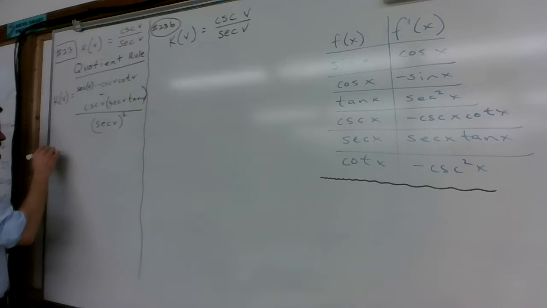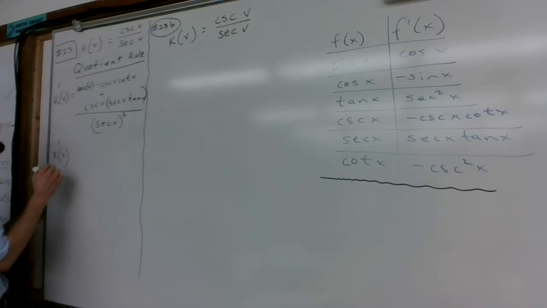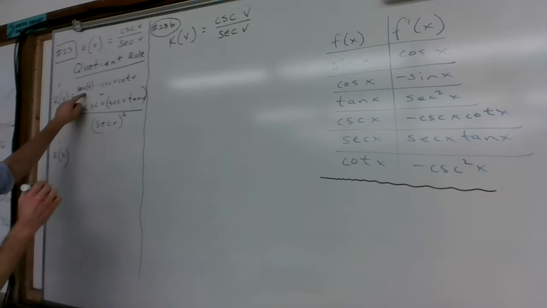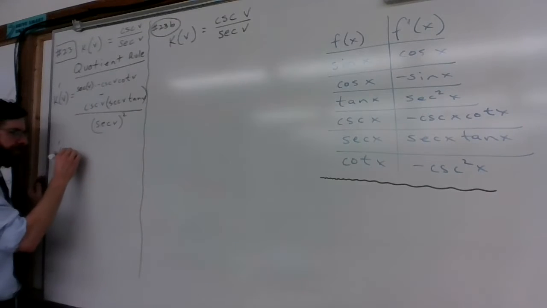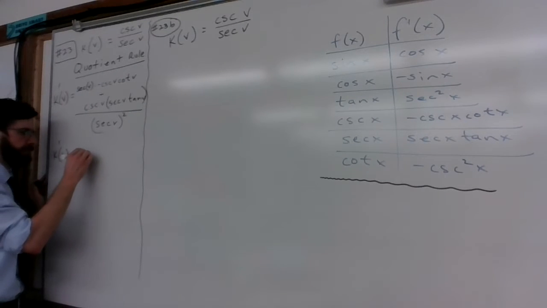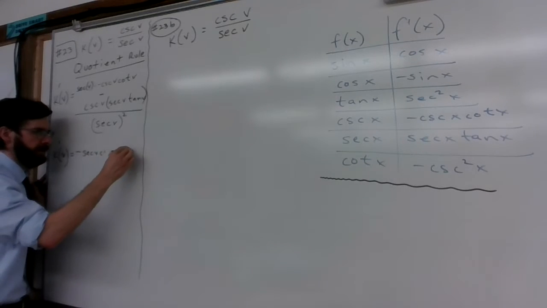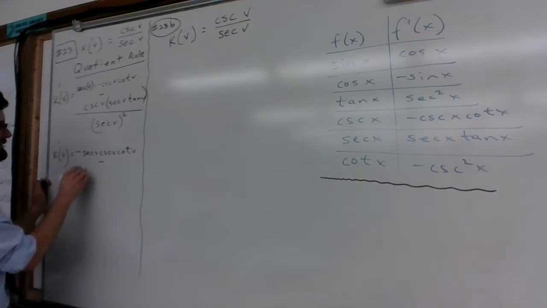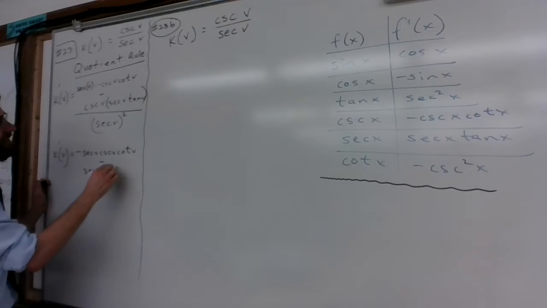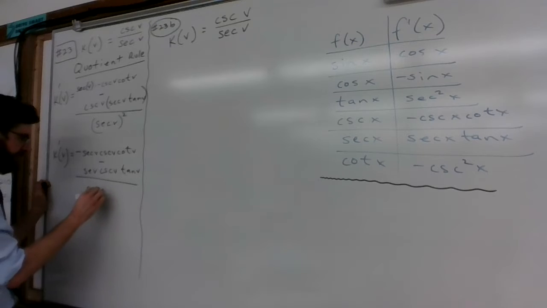Yuck. So now I've got secant, cosecant, cotangent, and it's negative. Still don't have enough room. And then it'll be minus secant, cosecant, tangent. All of that divided by secant v squared.